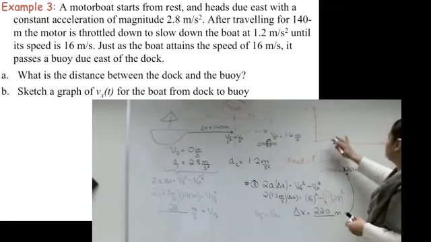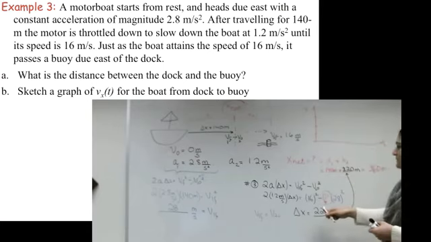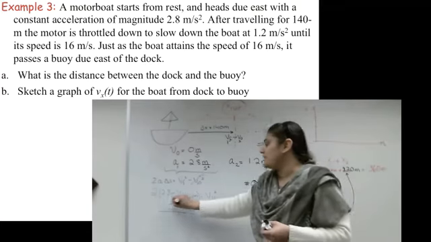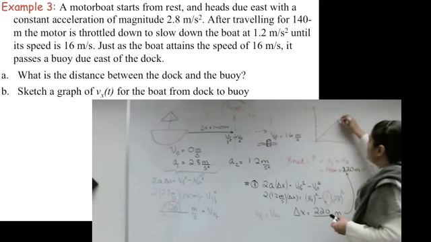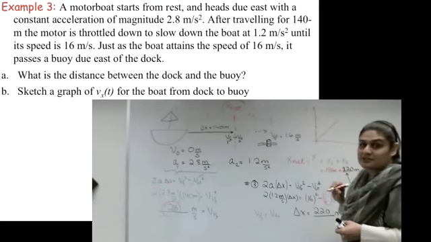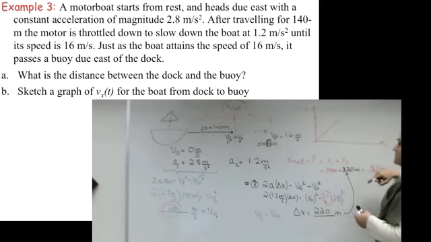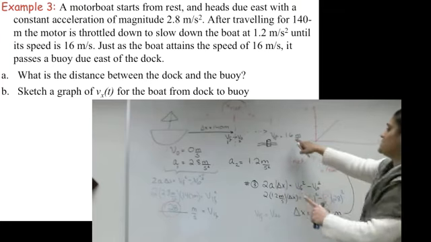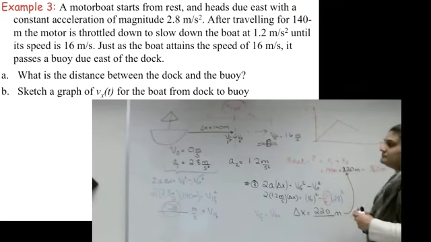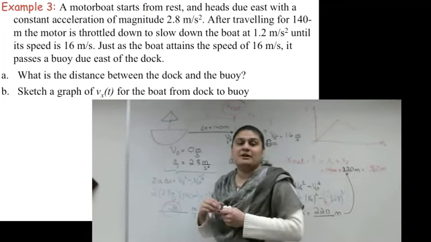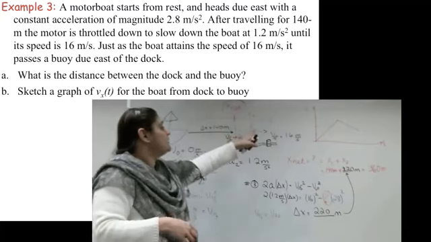I'm not going to worry too much about the graph, but my velocity at the end of the first leg was 28, right here. So it goes something like this, 28, and then my next velocity is 16. It's going to come down something like this. And that is going to be my graph of v as a function of time, from here to here.